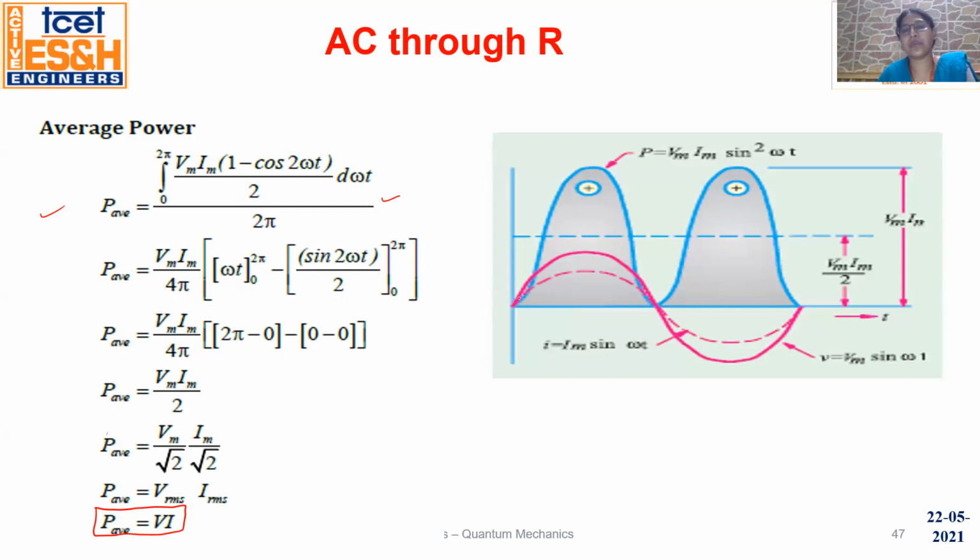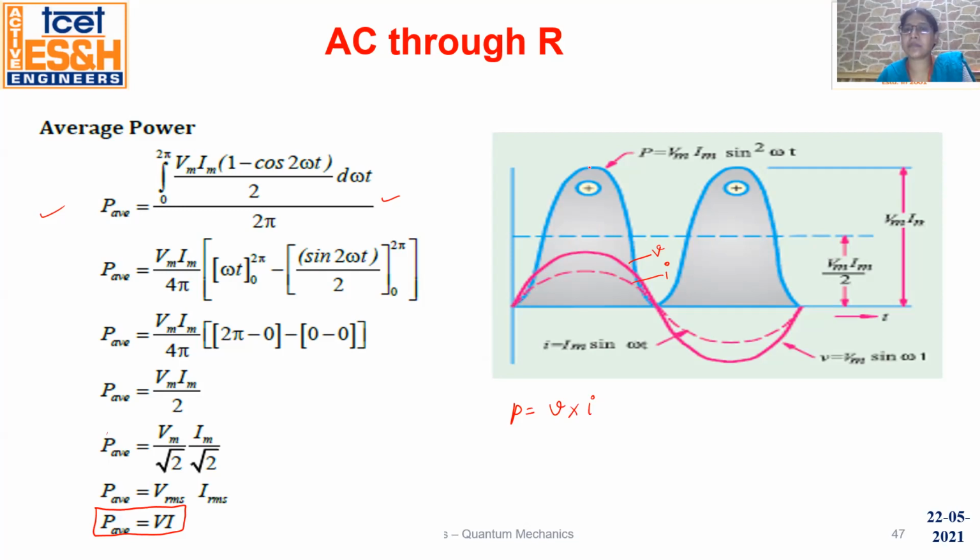Now the basic is the graph. See, this is the voltage, this is the current. Now instantaneous power is equal to V multiplied by I. So this is the positive power.